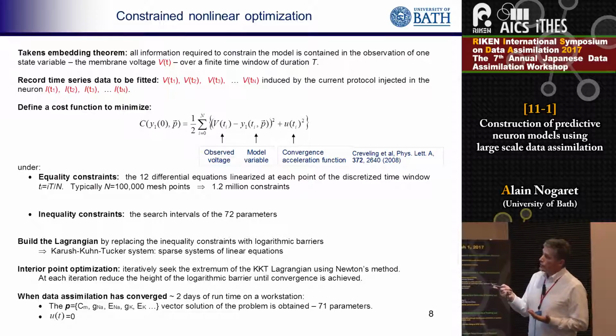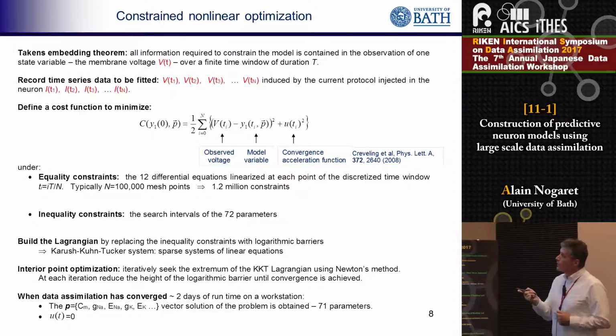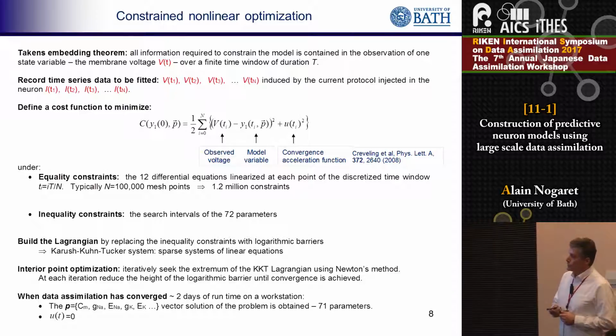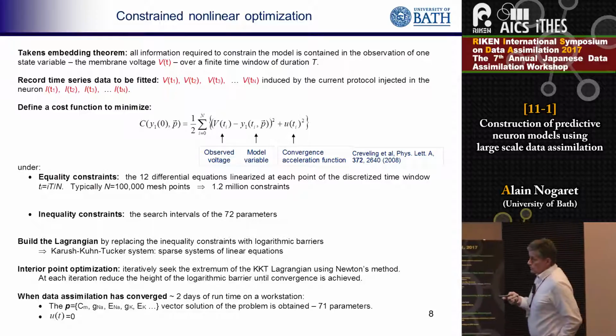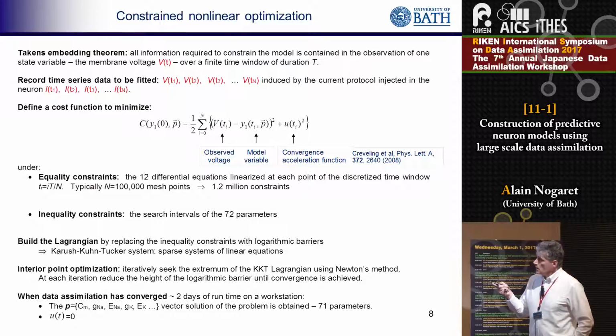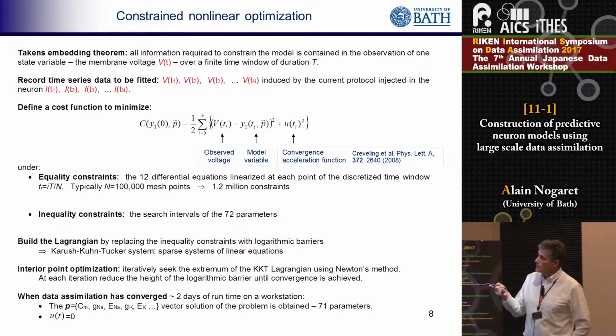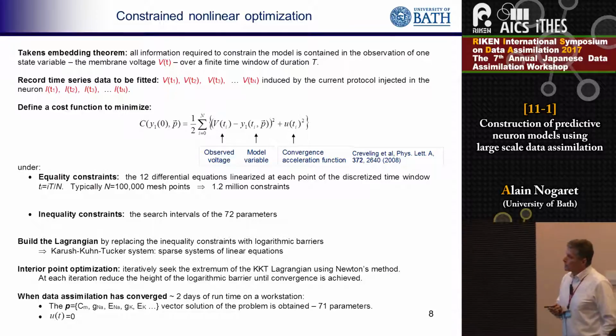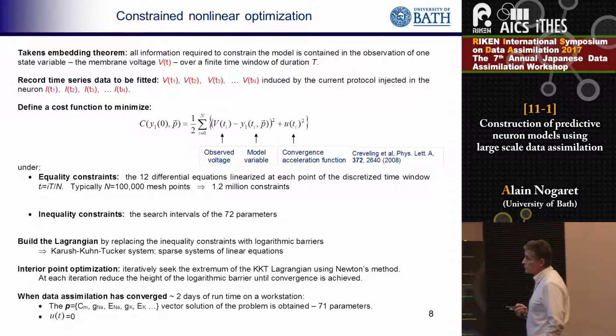For us, this state variable is the voltage across the membrane over a finite window of duration T. So we go to electrophysiologists and ask them to perform current clamp measurements, where they inject a current protocol, a current at time intervals T1, T2, T3, Tm, and they record the voltage induced across the membrane.